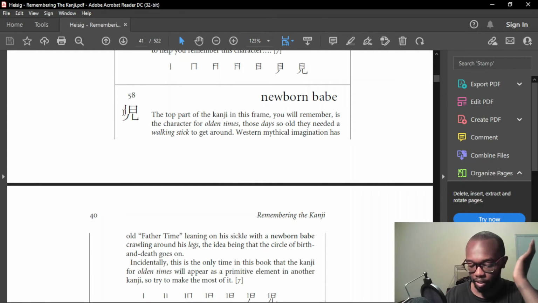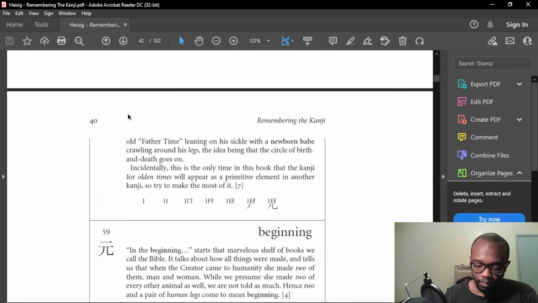So you can picture the old sun gets a new pair of legs and is sort of reborn into a newborn baby. So a new energy, something of that sort. That's how I picture it anyway.